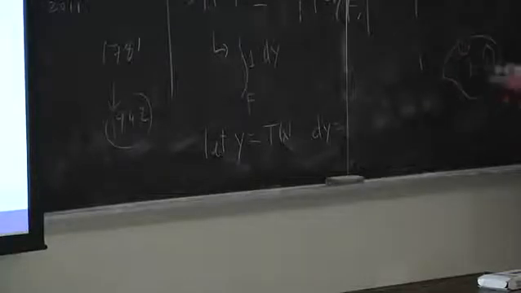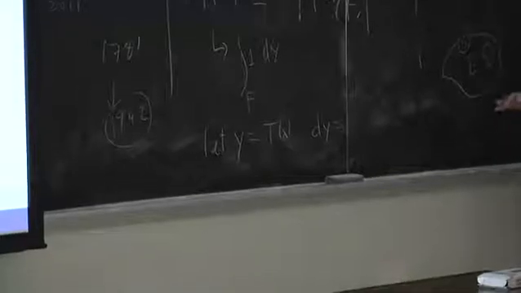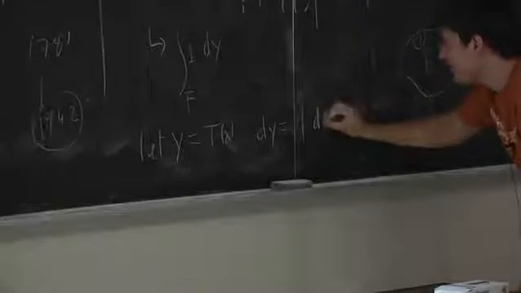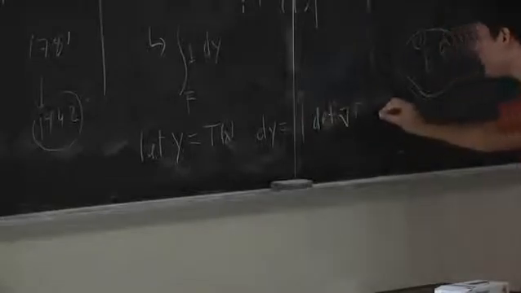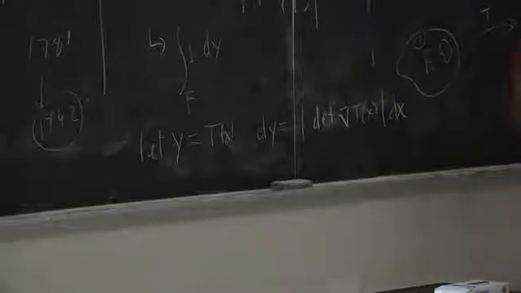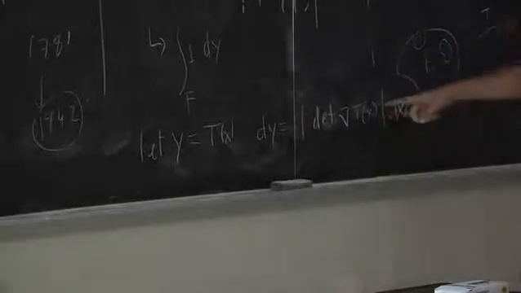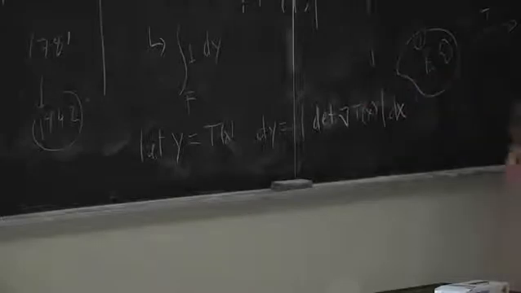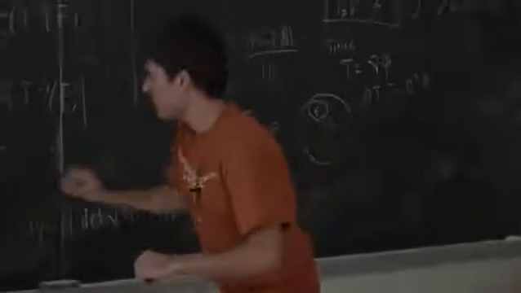Like a Jacobian thing. Remember Jacobians? So it's the absolute value of the determinant of grad T of x, dx. It's the Jacobian of the transformation times dx. Anyway, that's Calc 3.